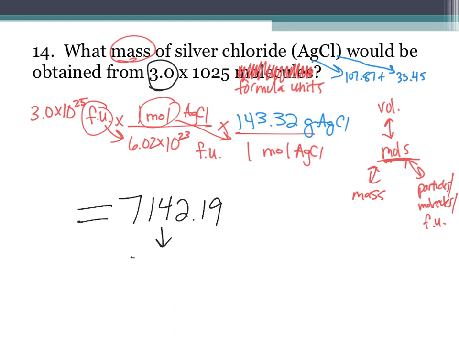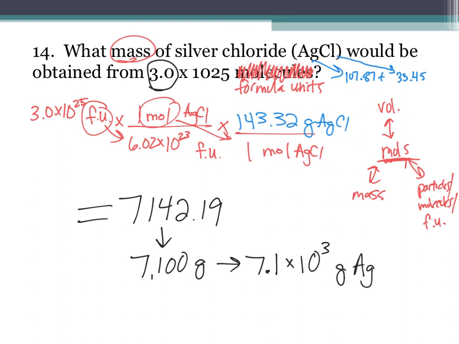So you could say 7,100 grams, or you can convert that into scientific notation. You could say 7.1 times 10 to the 3rd grams of silver chloride. And that's that.